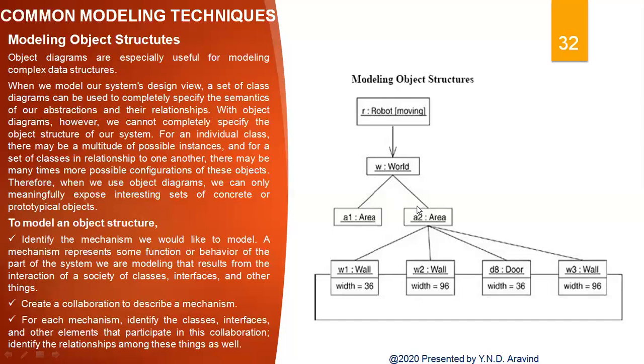One of them, A2, is shown with its own links to its wall objects and one door object. Each of these walls is marked with its current width, and each is shown linked to its neighboring walls. So this object diagram suggests the robot has recognized this enclosed area, which has walls on 3 sides and one door on the fourth side.